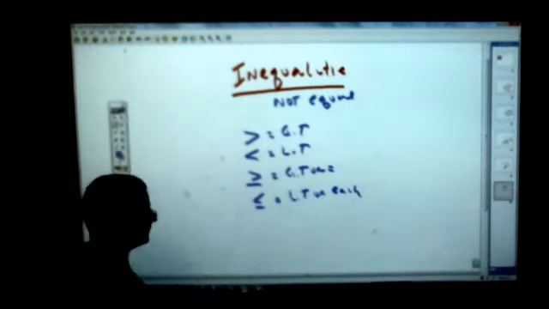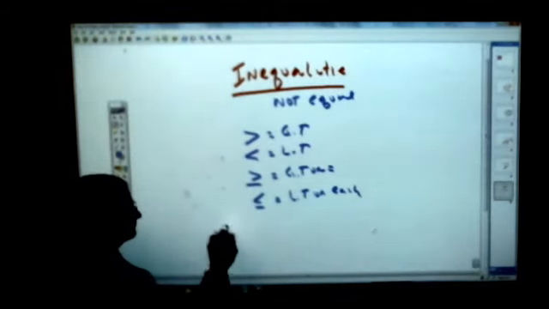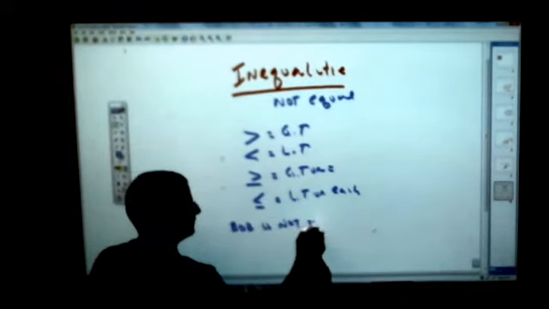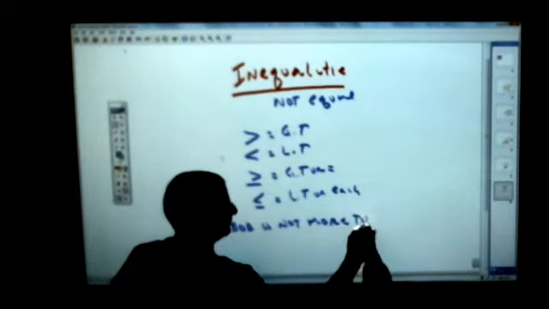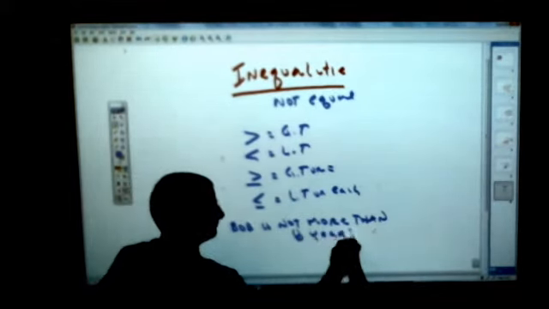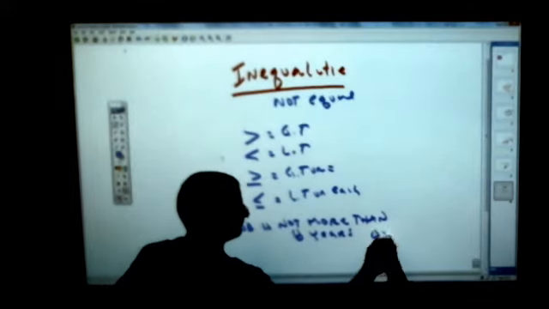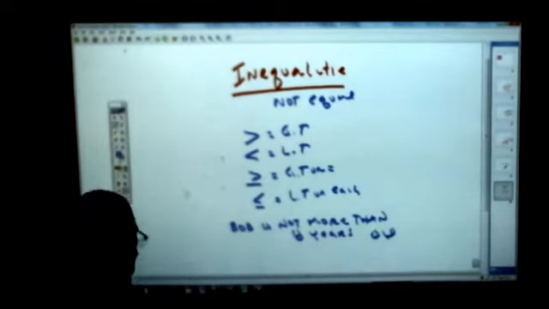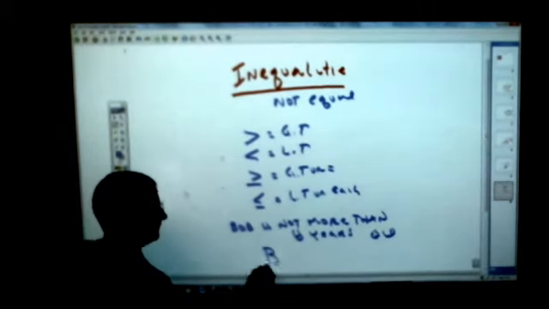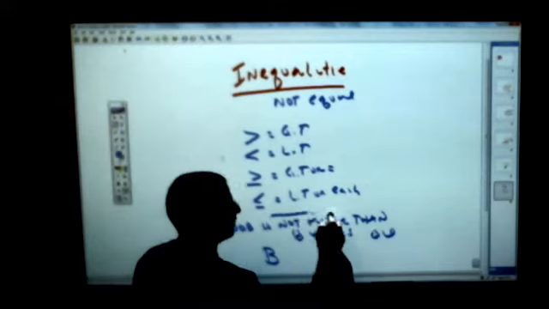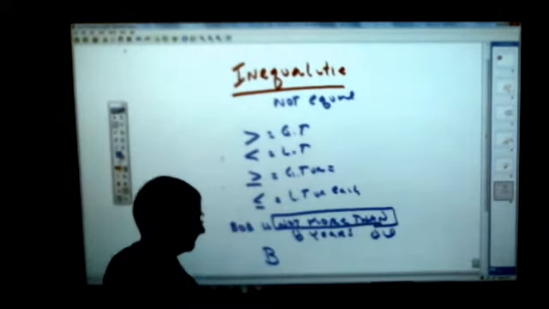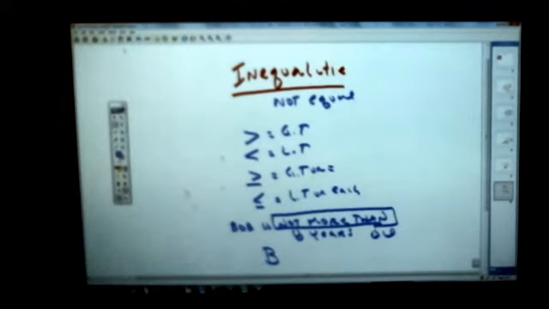For example, if something said, Bob is not more than 8 years old, what would that look like in a mathematical sentence? What inequality is the same as saying not more than?